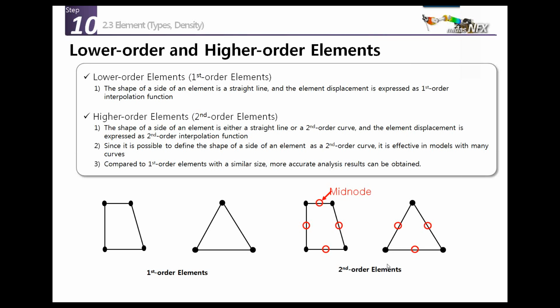In the case of second order elements, also called higher order elements, a mid node is added in the middle, which means a second order interpolation function is used on your element. So it will be more precise and your results will be more accurate if you use second order elements.